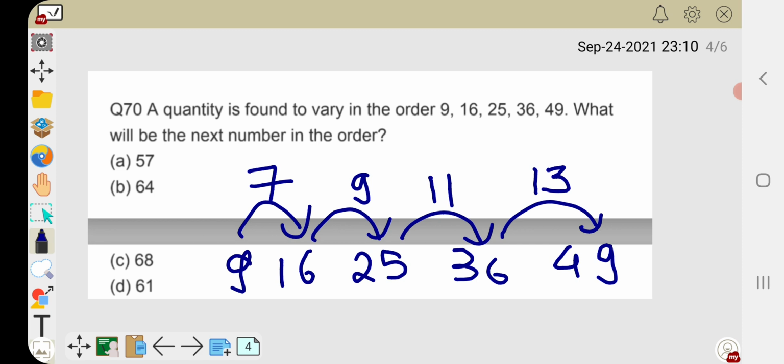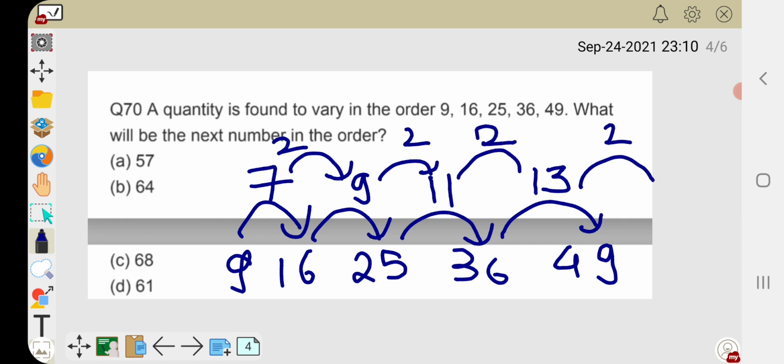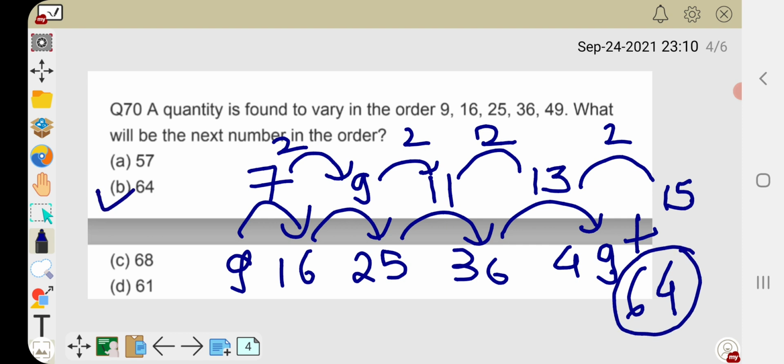And again the difference between 7 and 9 is 2, 9 plus 2 is 11, 11 plus 2 is 13. So 13 plus 2 will be 15, and the upcoming number will be 49 plus 15, that is 64. So option B is the right answer.